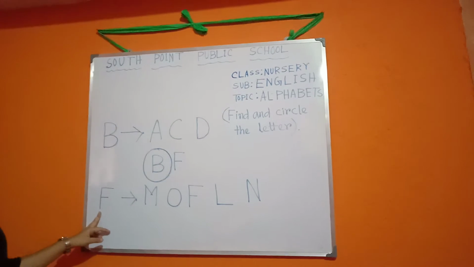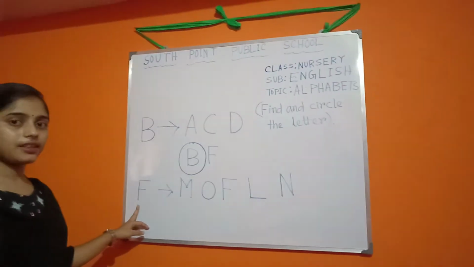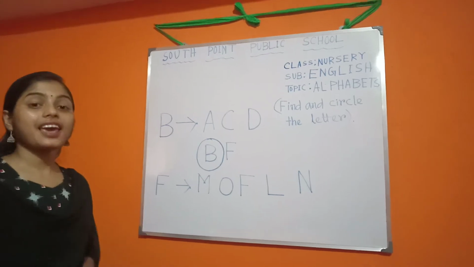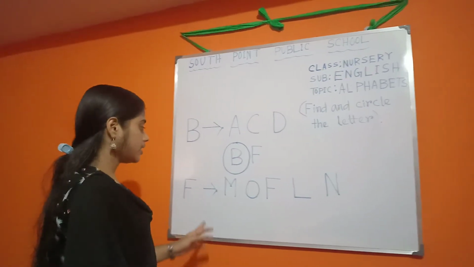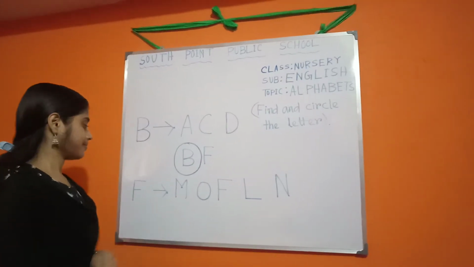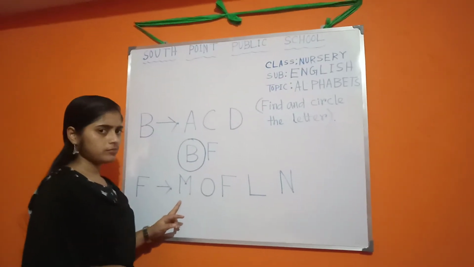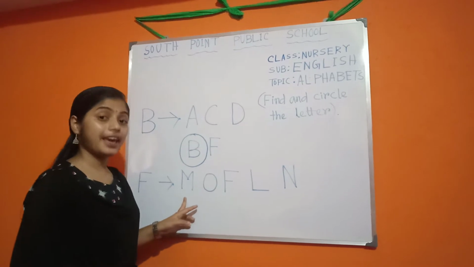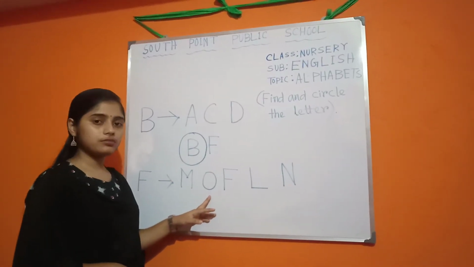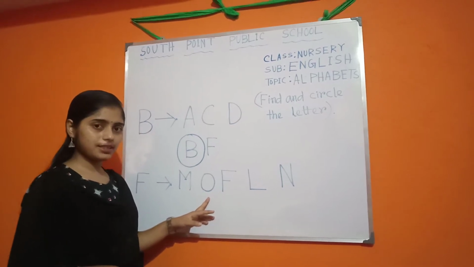Students, which letter is this? Can you identify? Yes, it is F. Now tell me, where is F? Is it F? No, it's M. Is it? No. Which letter is this?